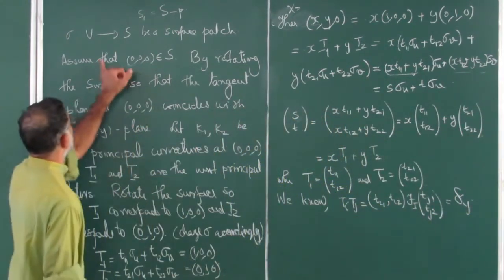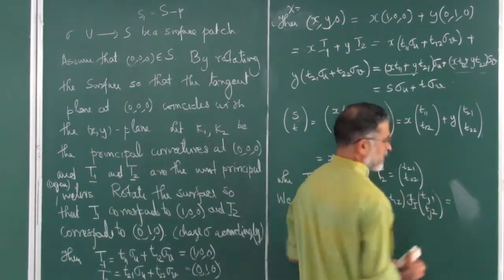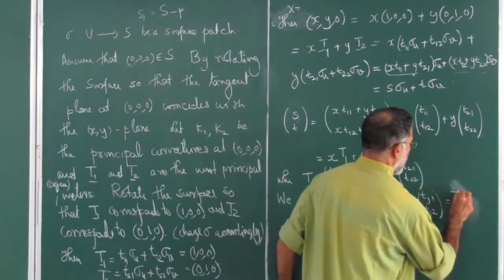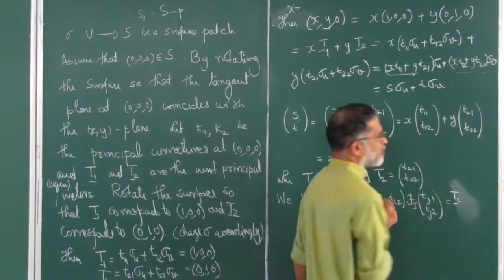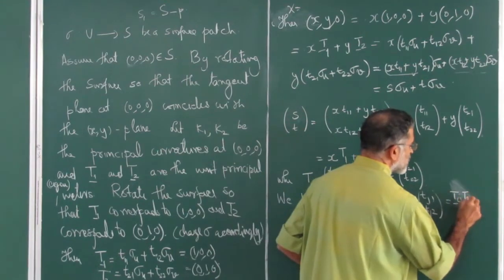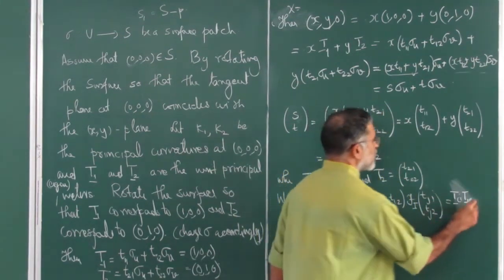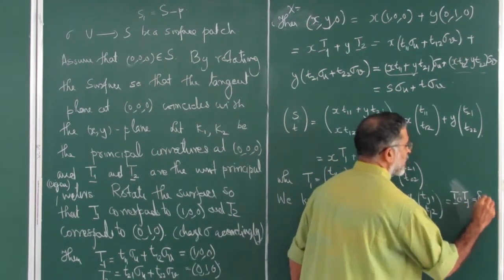Your vectors T1 and T2, if you want I can write that. Now look, this time I'm going to write underline. Ti dot Tj, this is the standard dot product in R3. And you know that they are orthonormal, so you get delta Ij.